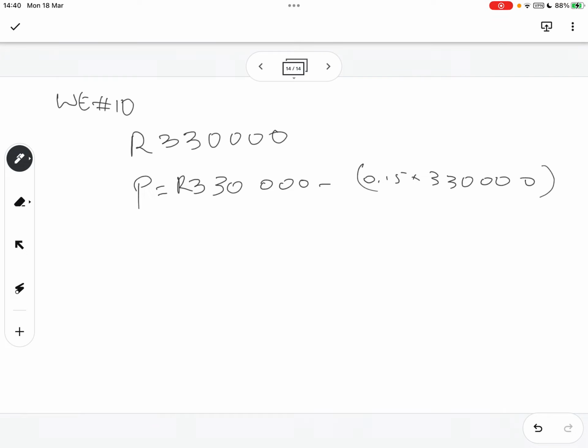I'm correct to say minus because the old bus, when sold, only amounts to 15% of the price of the new bus. So we can say 330,000 minus 0.15 times 330,000. And that gives us how much?